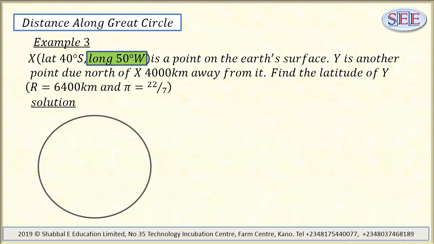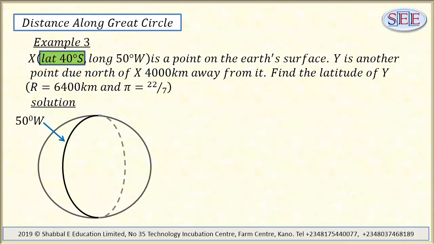Look at the longitude 50 degrees west, that is the longitude of X. And its latitude is 40 degrees south. So I'll try to draw the latitude 40 degrees south. Assume it is this one. So that will be the position of X, where the latitude crosses the longitude.